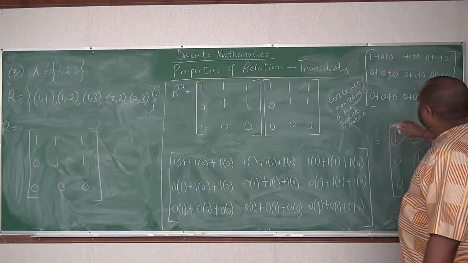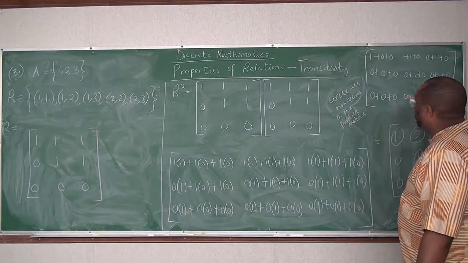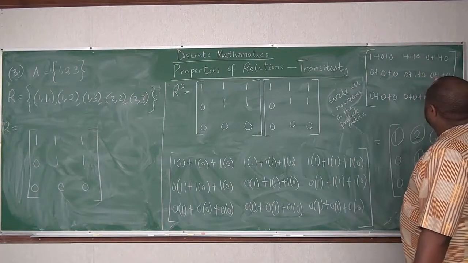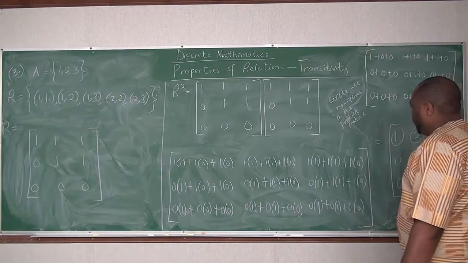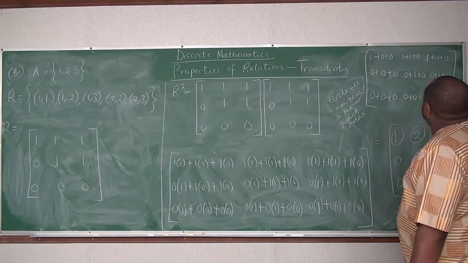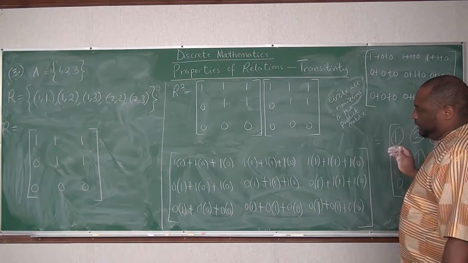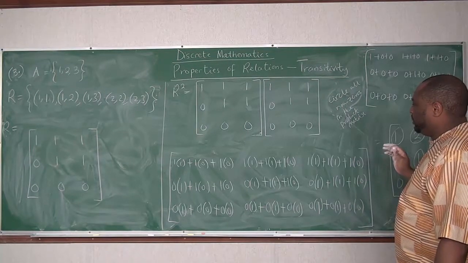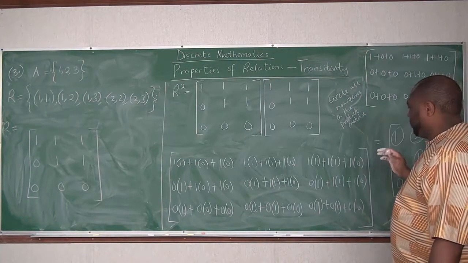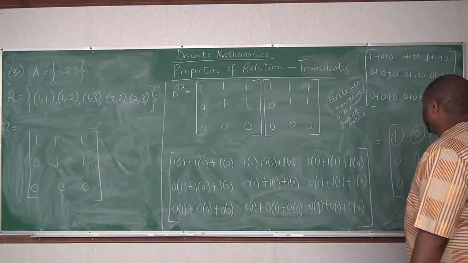So this will be 1 plus 0 plus 0. 1 plus 1 plus 0. This will now be 1 times 1 is 1. 1 plus 1 plus 0. Then 0 plus 0 plus 0. 0 plus 1 plus 0. 0 plus 1 plus 0.